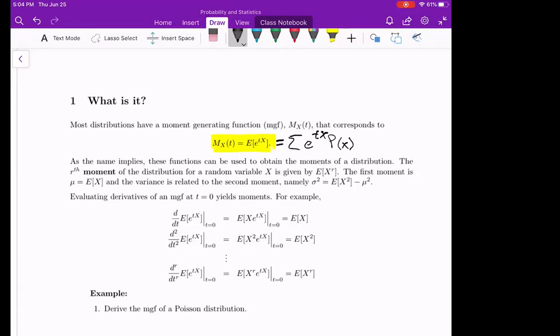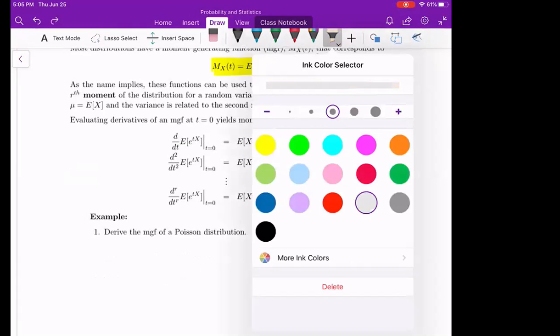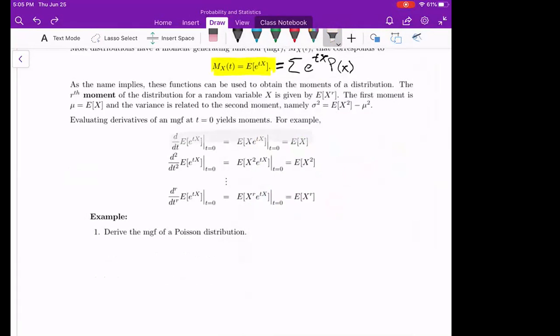And then what you see in the middle section here is that if you take the derivative, so I'm looking right here, if you take the derivative of the moment generating function and you evaluate it at 0, you get back the expected value of x, which is mu.